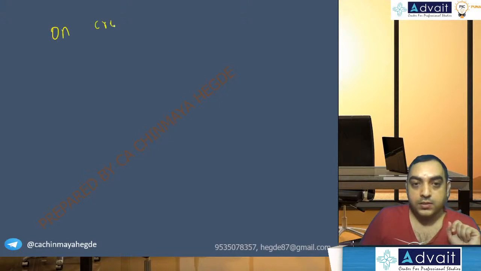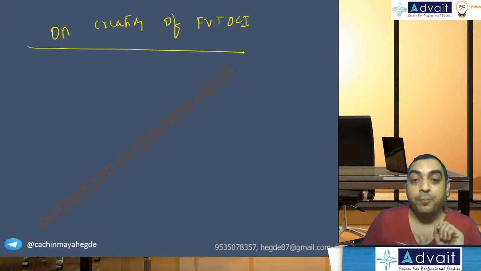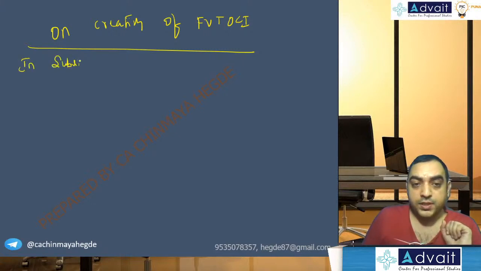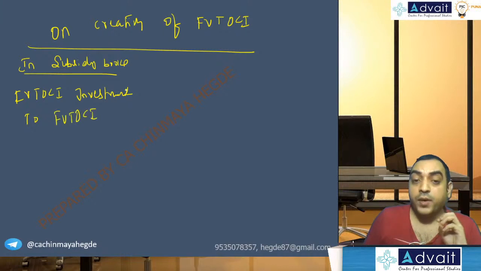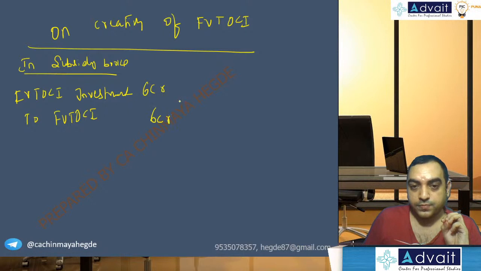On creation of FVT OCI, what would have happened? What journal entry would have been done in the subsidiary books? FVT OCI investment to FVT OCI reserve. How much? 6 crores.